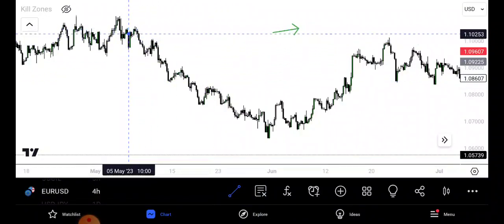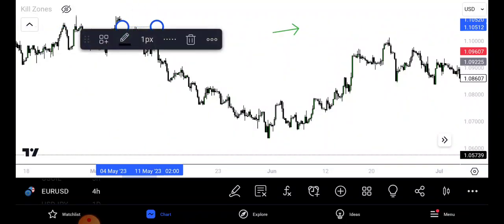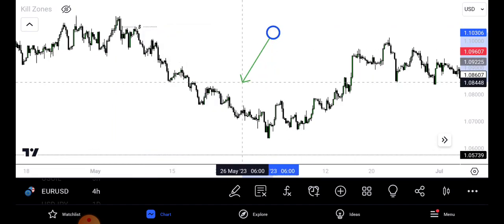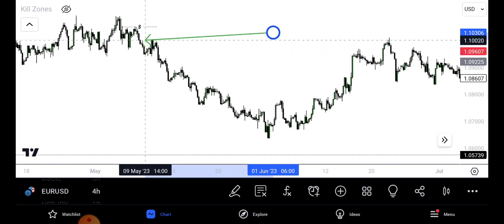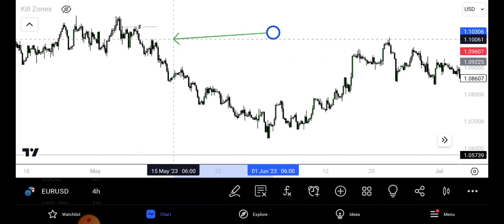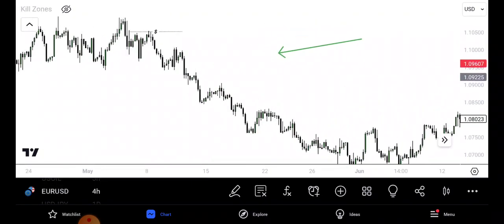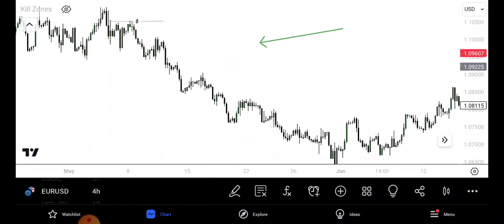You can see this is relatively equal high liquidity, so let me just label that. You can also see here there was this move here and this move here, so this is just relatively equal high liquidity. Let me just zoom it out for you guys.